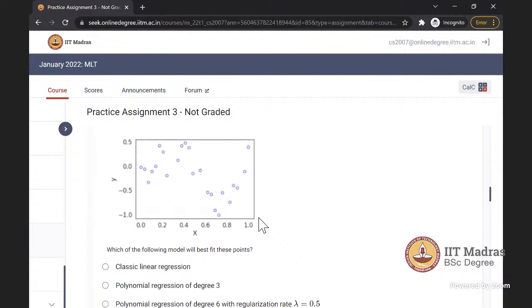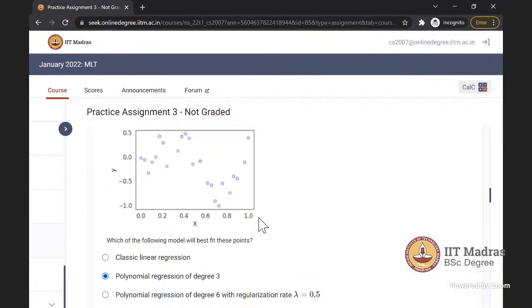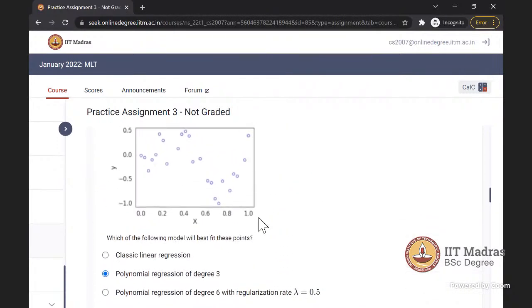Degree 3, right, because we cannot be so specific about lambda equal to 0.5 from the scatter plot. Yes, you're right. And anyway, it looks like a sinusoidal curve for only one period.